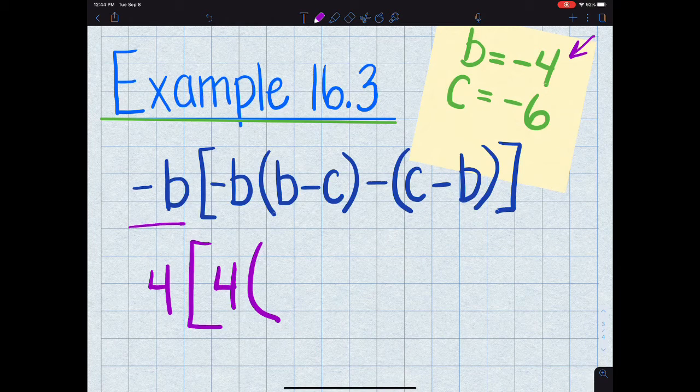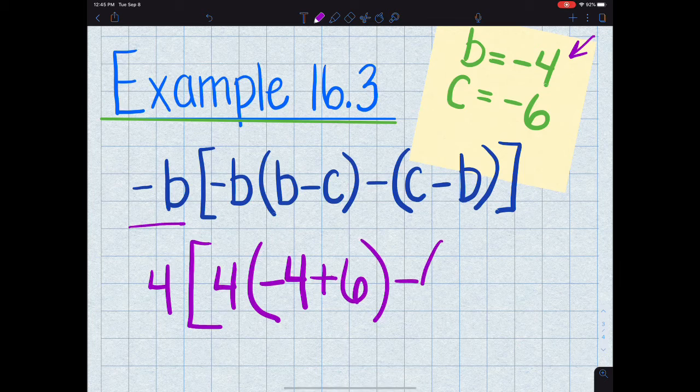So it would be -4. And we're going to skip a step, and instead of putting minus c, we're going to do +6. Okay. And then we're going to subtract c minus b this time, -6. But instead of this minus for the b minus b, we're going to add 4 because +4 is the opposite of that.